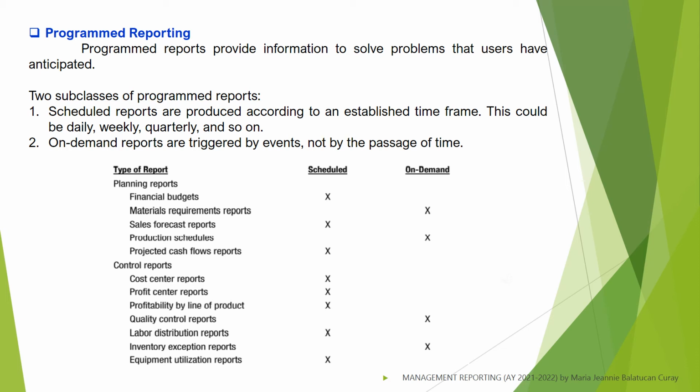So, generally, looking at the illustration of what are classified as scheduled or on demand, you can see that in the on-demand column, the reports are mostly related to production. Although the others are operational, it focuses on the production processes, the production reports.